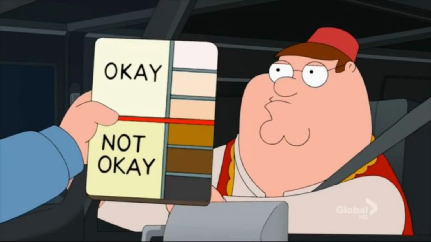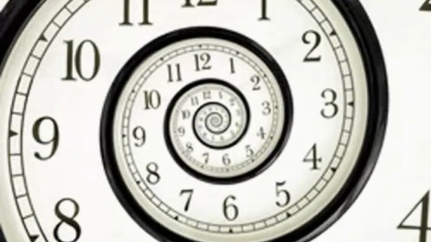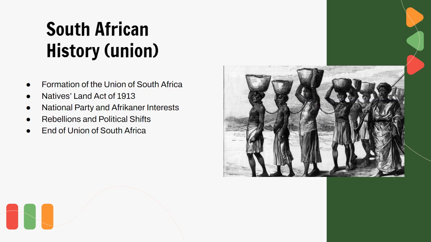This discriminatory policy, alongside others, upheld racial inequality for almost a century. But a pivotal moment arrived October 5th, 1960, marking the end of Union as South Africa chose to become a republic, leaving the British Commonwealth.